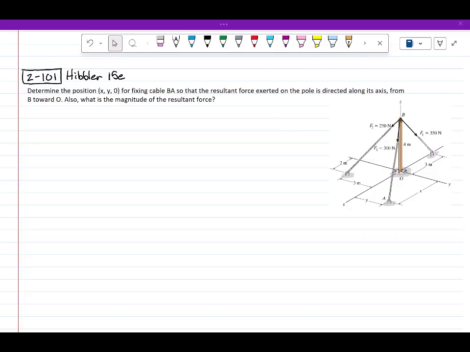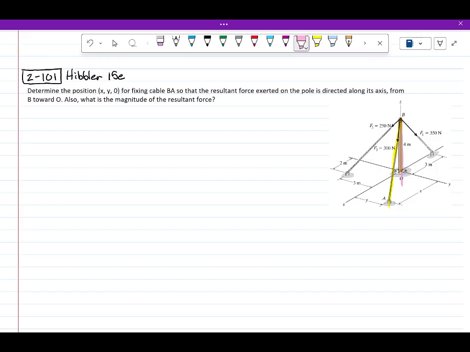I'm going to be working problem 2-101 in the 15th edition of Hibbeler. This problem requires that we find the position x, y, and of course z is 0, for cable BA such that the resultant force exerted on that pole is along the axis from B to O. We also want to know what the magnitude of that resultant force is.